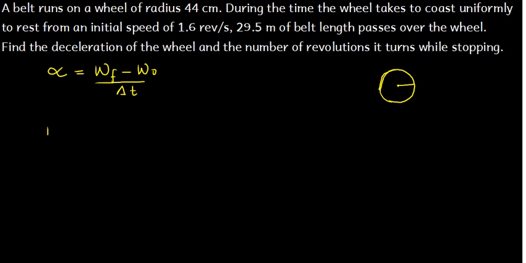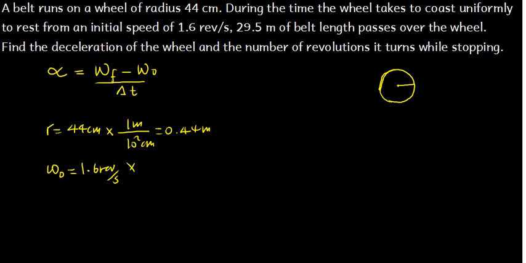The radius is 44 centimeters, which we can convert to meters. In 1 meter there is 100 centimeters, and this is going to be 0.44 meters. During the time it takes to coast, the initial speed is given as 1.6 revolutions per second. We can as well convert this to radians per second.